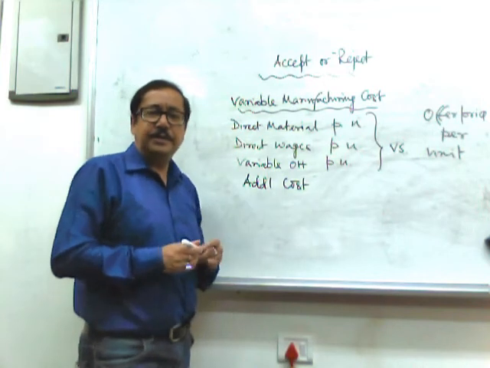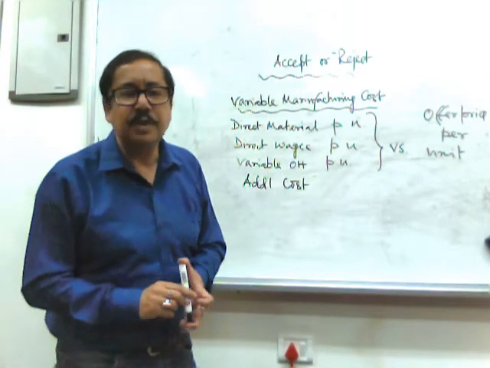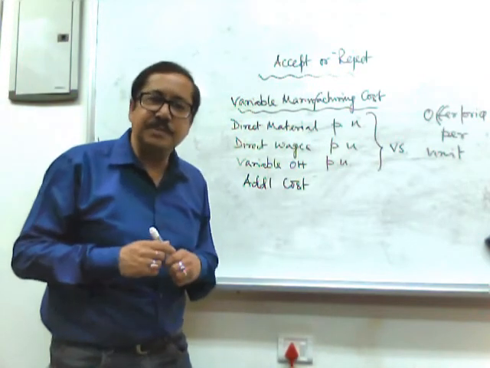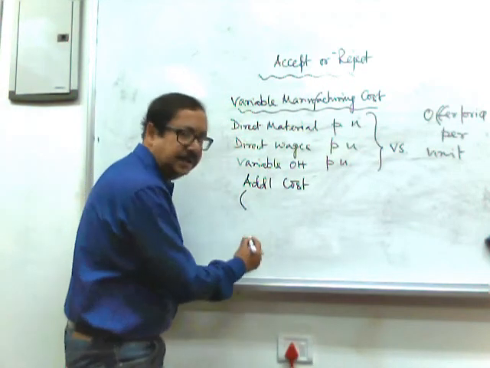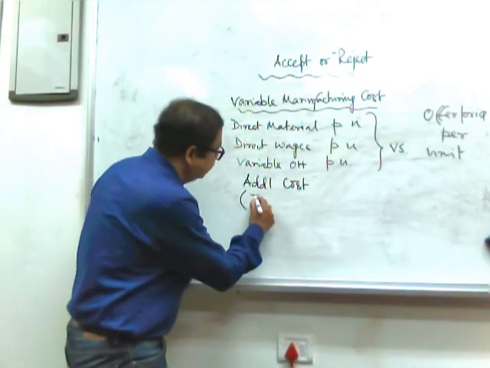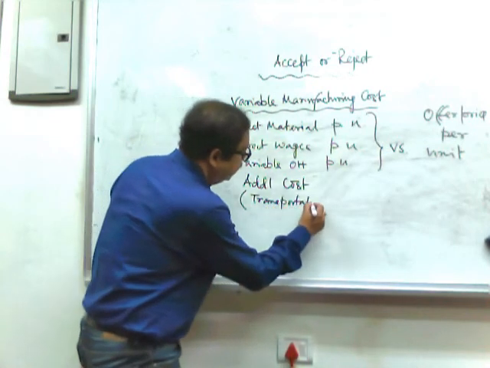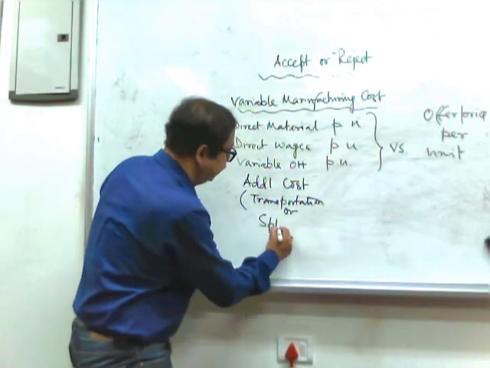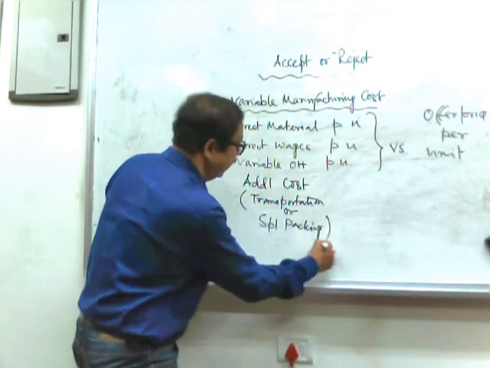Maybe for the foreign market we need to make a special kind of packing, or the transportation to the foreign market will take some amount. Let us write the examples here: the transportation cost, or say a special packing, or it may be anything else also.